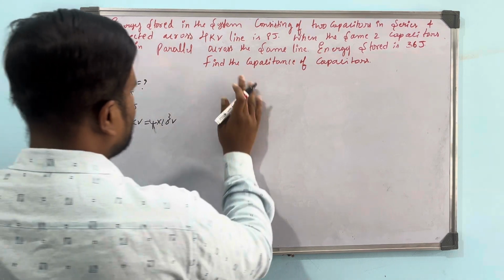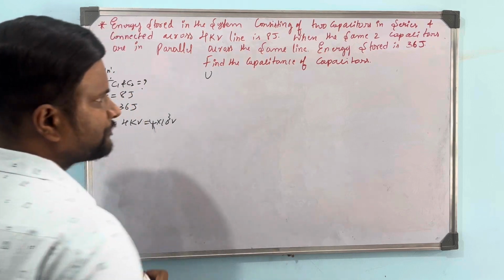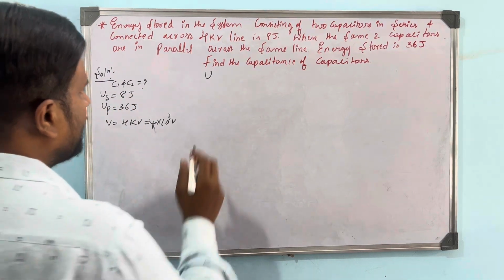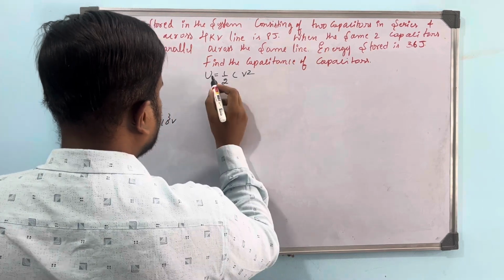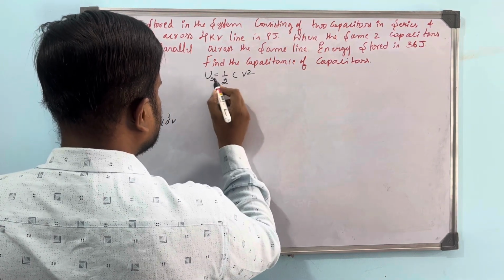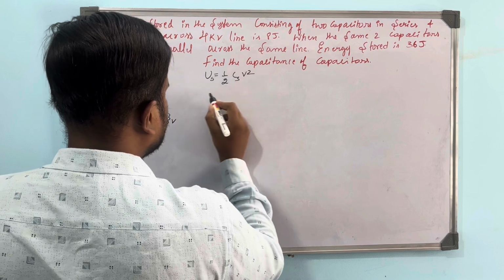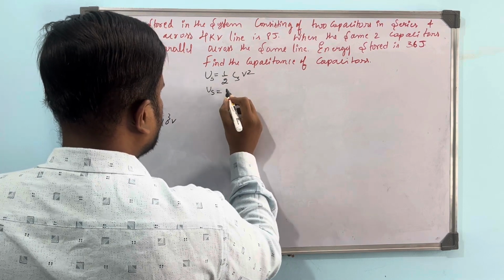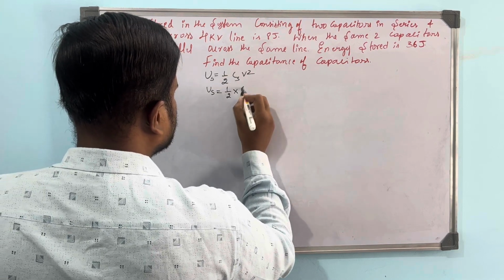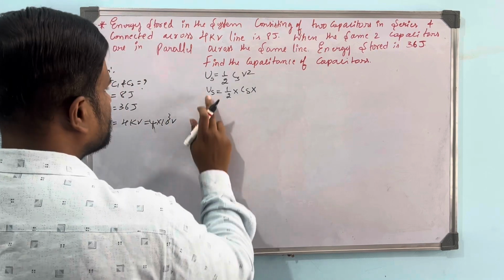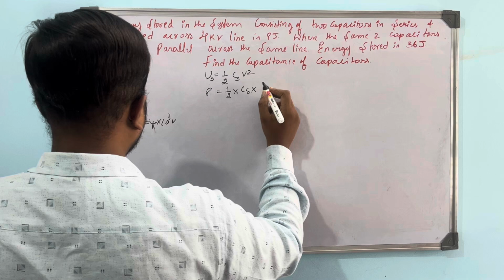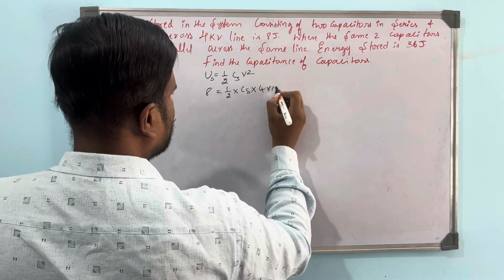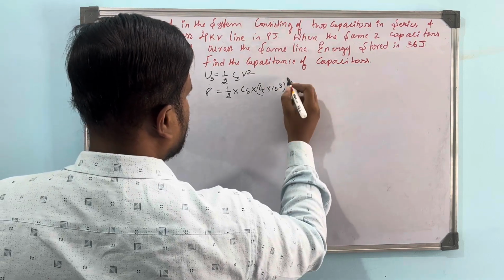Initially, what is the formula for energy stored? Energy stored is given by U equals half C V square. In the series case, I will write CS equals 2 US divided by V square. US is 8 joule and V square is 4 into 10 to the power of 3, whole square.